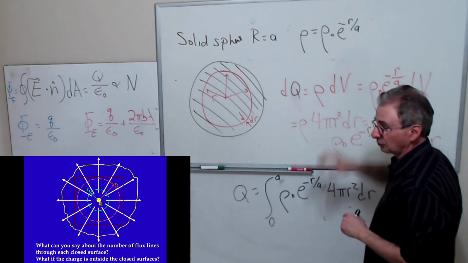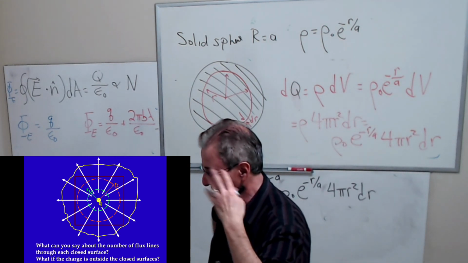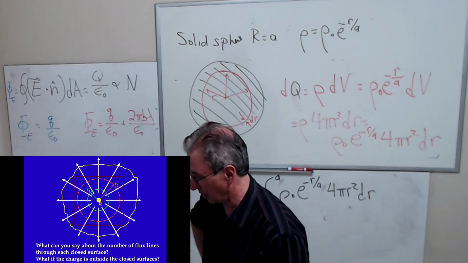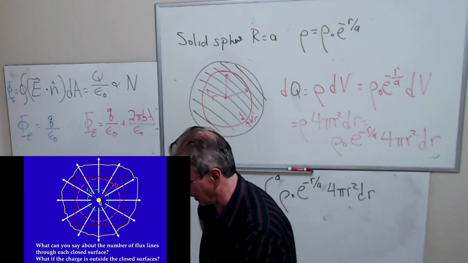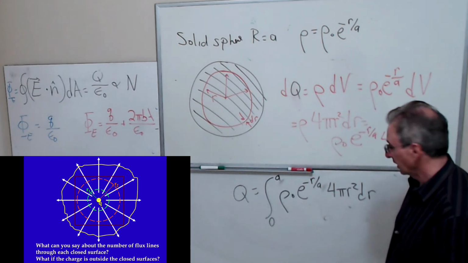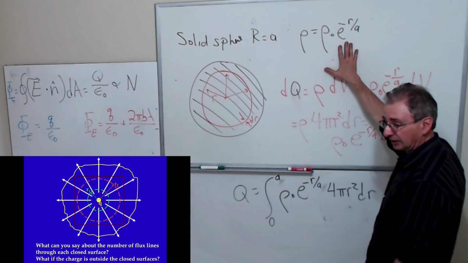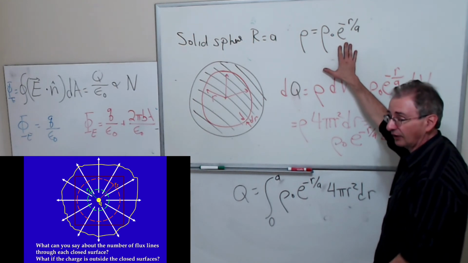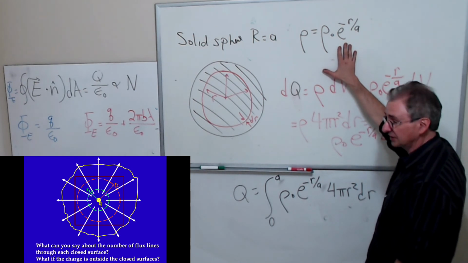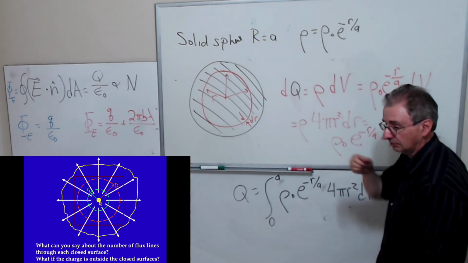And a naught is the radius of the electron. And so, I'm thinking of the radius of the atom. That's why I put a naught. So I apologize for that. So there shouldn't be an a naught. Okay. It's just the radius of the sphere. But realistically, where I got this charge density, it comes from the charge density of the electron in the hydrogen atom.